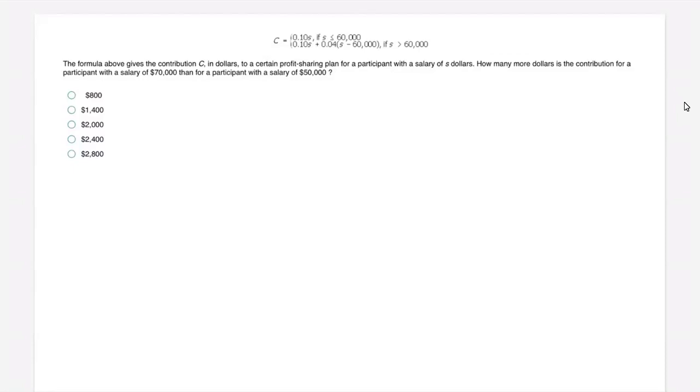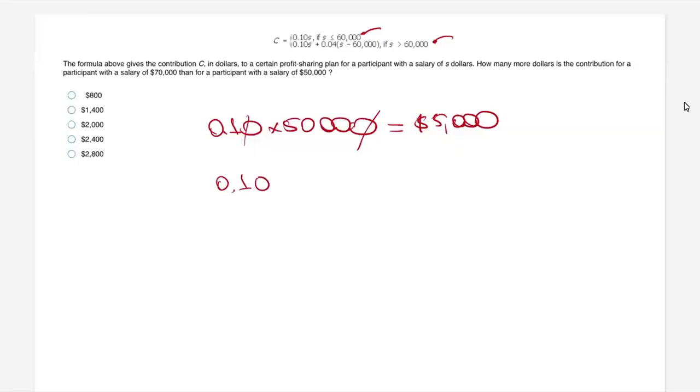Well, 50K falls here. So it's only 10% of 50K. So it's 5K. Very easy. Here, 70K is here. So it's 10% of 70K plus 4% of 70K minus 60K.